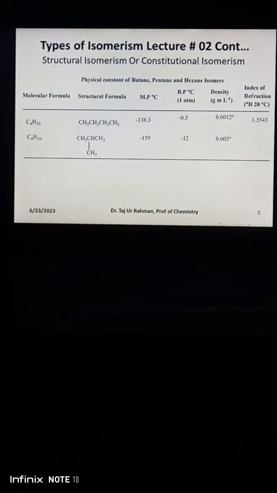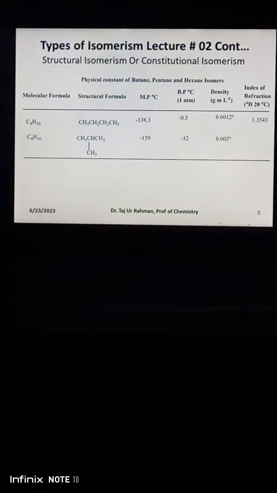The constitutional isomers have different physical properties. They differ from each other in their physical properties like melting point, boiling point, density, and index of refraction.